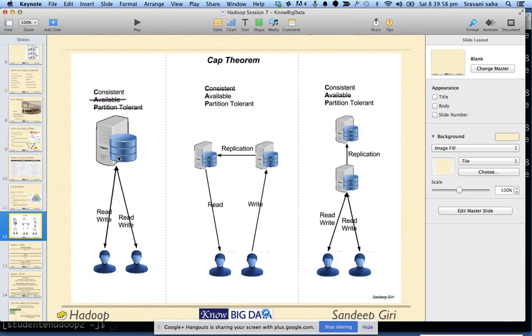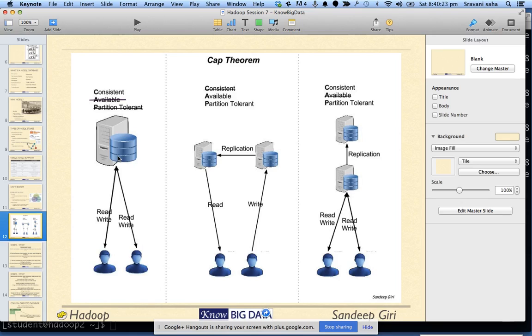The only problem is that the reader will get to see the data after some time, which means it is not immediately consistent, it is eventually consistent.